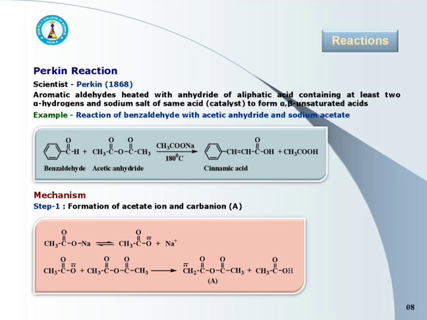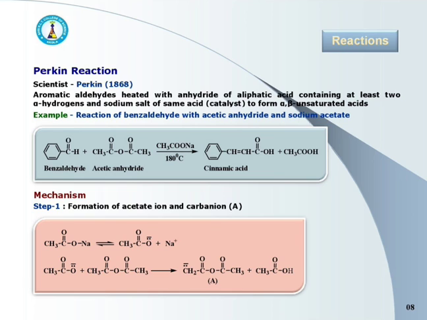Example of Perkin reaction is the reaction of benzaldehyde with acetic anhydride and sodium acetate. When benzaldehyde is heated with acetic anhydride and sodium acetate at 180 degrees centigrade for about 5 hours, cinnamic acid is obtained.